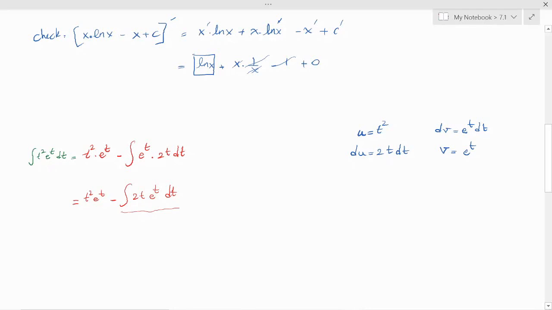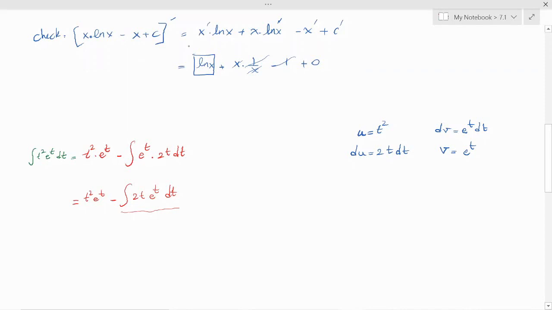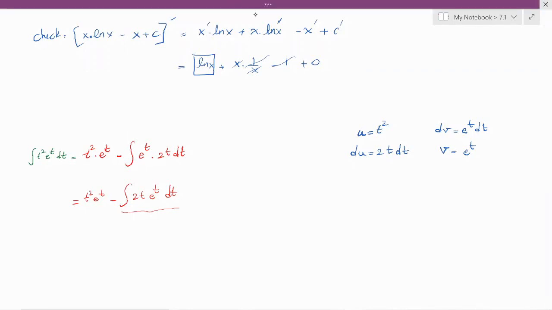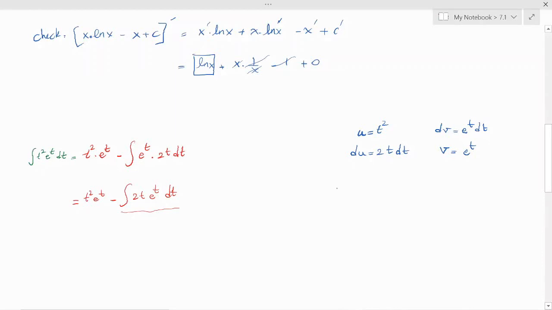So what I'm going to do is try integration by parts again. We're done with that integration by parts. Let's continue.